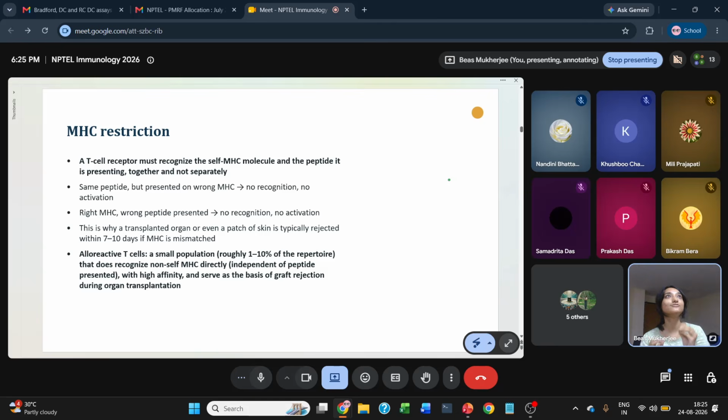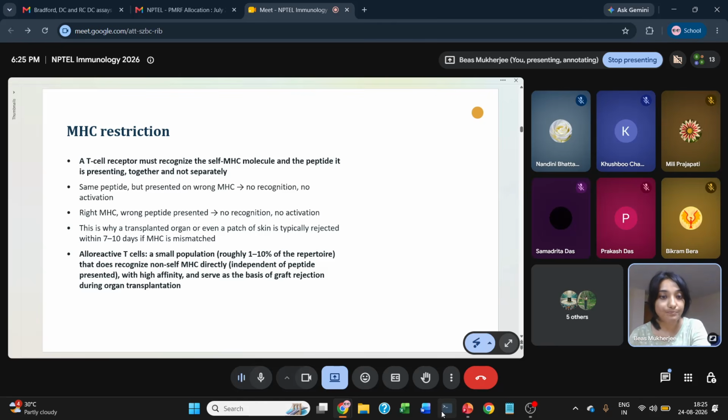So even if the antigenic peptide presented is correct, if it recognizes the MHC... there is a very small percentage of T cells which recognize the MHC molecule only, irrespective of whatever antigen is there, and these serve in rejection of the graft. They are called alloreactive because they are checking the allelic variants.